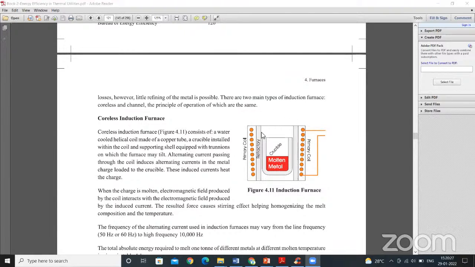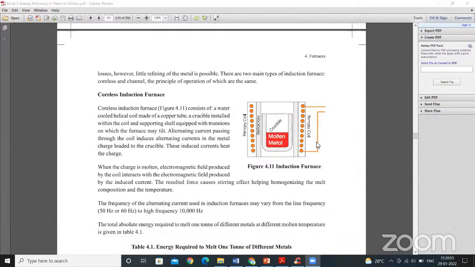Throughout the entire chamber, we have R phase, Y phase, B phase, RYB, RYB, like that, so it will be throughout the entire 360 degrees. The coils are placed so that uniform heat can be produced. We need to take the molten metal temperature with a separate thermocouple, and we need to maintain the temperature of the crucible, the furnace chamber. Again, a separate K-type thermocouple will always be available, and this should be compared.